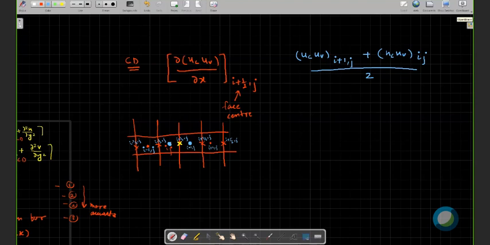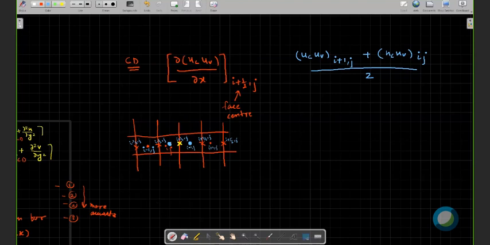How can you take the average of this? The average of this will come in this, not that.